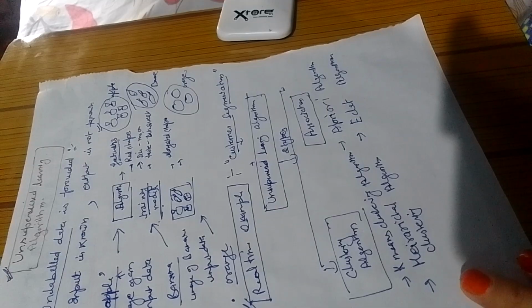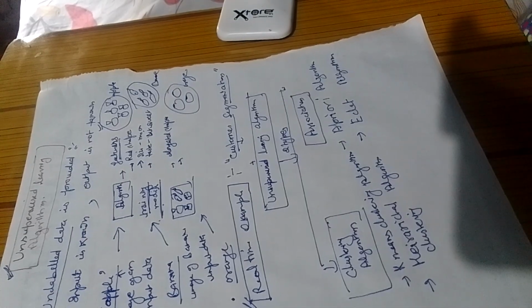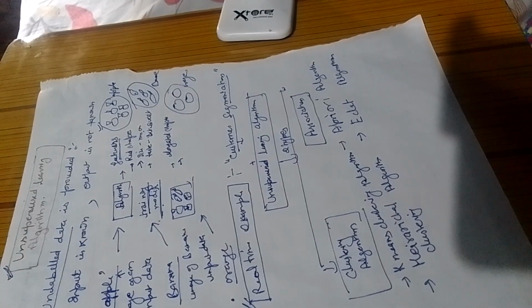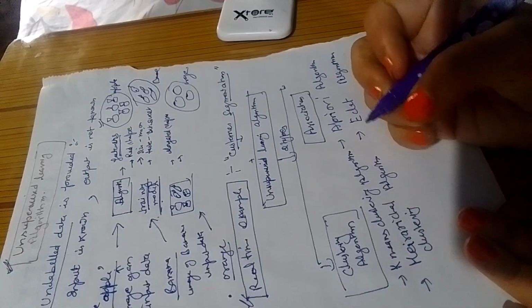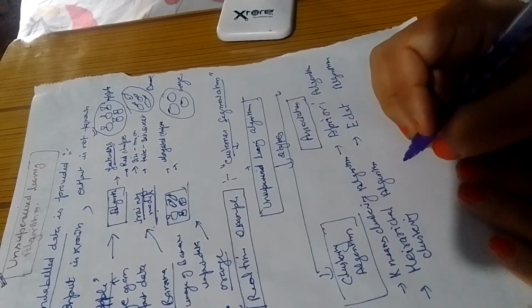So friends, this is the thing. And now we come to the third part of machine learning. Can you please tell me what is the third part after supervised and unsupervised learning? What I taught you, what is the third type of learning we will use under machine learning?